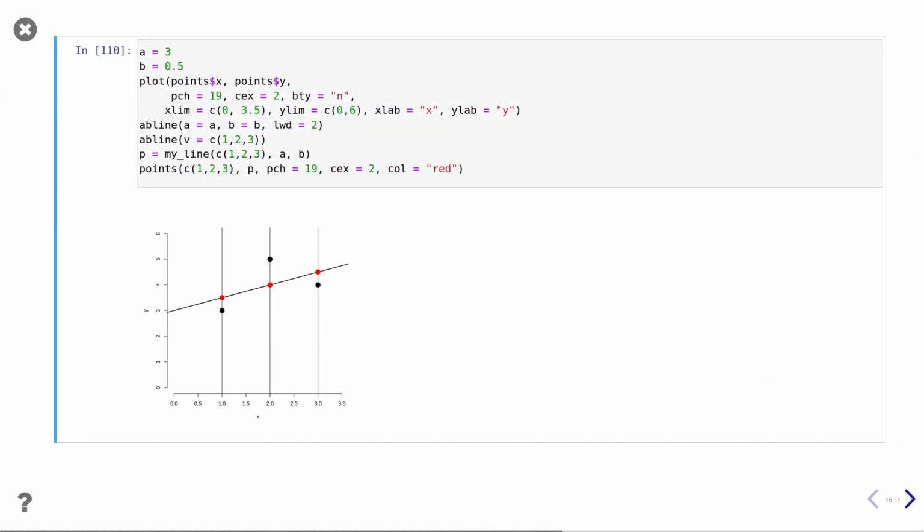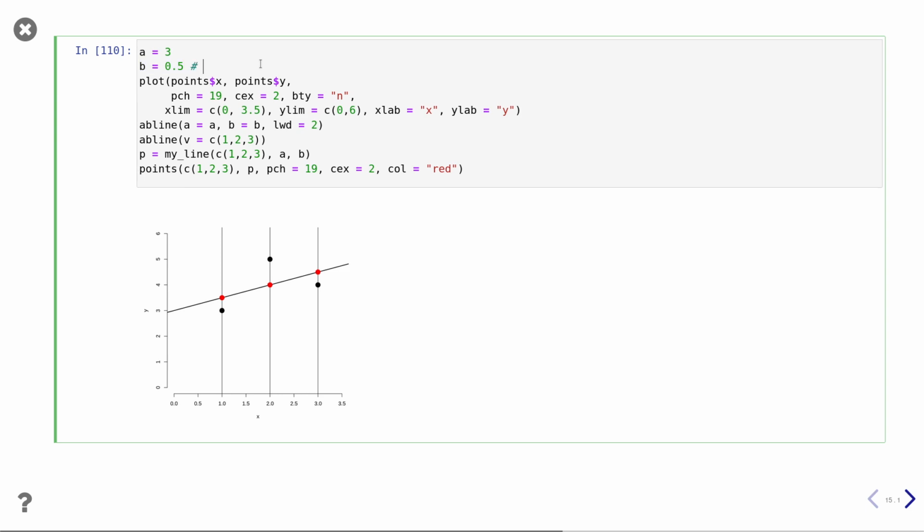So let me show you what we get in the case of the points that we are considering. Here I'm going to say that a is 3 and b is 0.5. Remember, I'm using the same order as R imposes, as we've just done in the function.